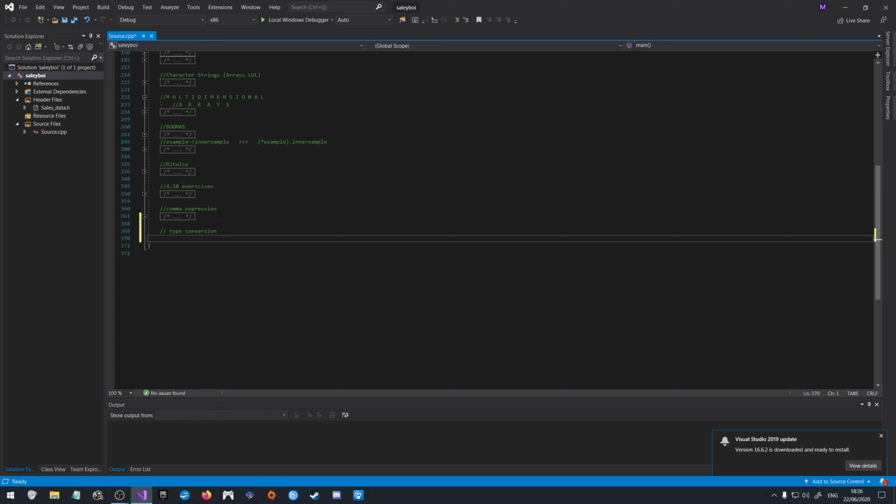Okay, so that'd be static_cast<void*>(ps). I is an int equals int star pc. So that would be I equals reinterpret_cast<int*>(pc).